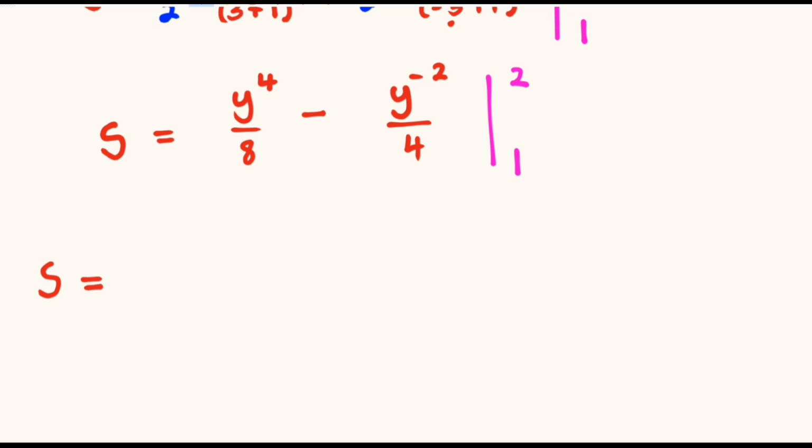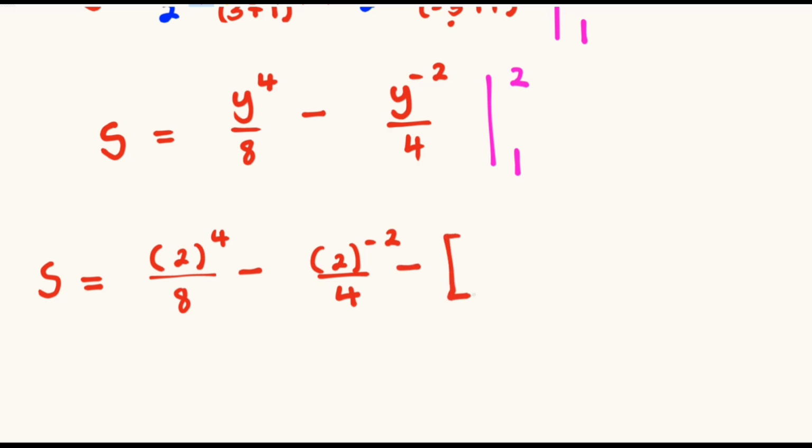So our s will be equal to, in the place of y, we first start by substituting the 2, and this is raised to the power 4 divided by 8 minus, in the place of y we substitute the 2 with negative 2 as the exponent, divided by 4, minus 1 raised to the power 4 divided by 8 minus 1 to the power negative 2 divided by 4.